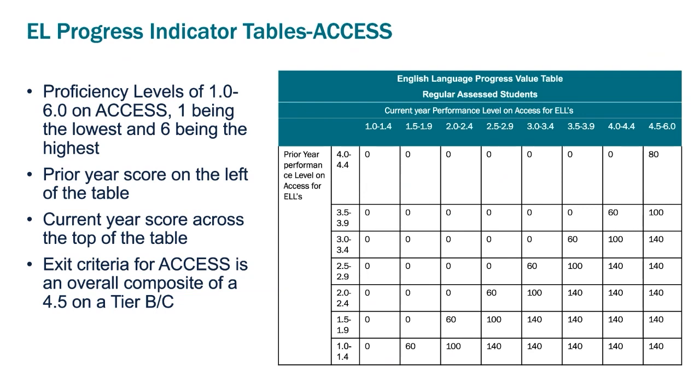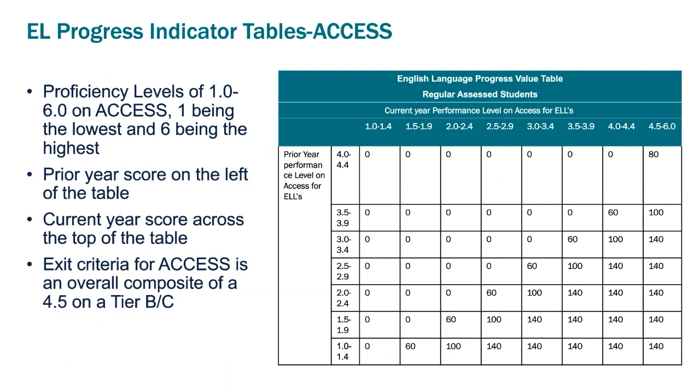And when you look at your students' scores, you'll start with our previous score from last year, and then you'll look at the current year for this past year's administration of ACCESS.